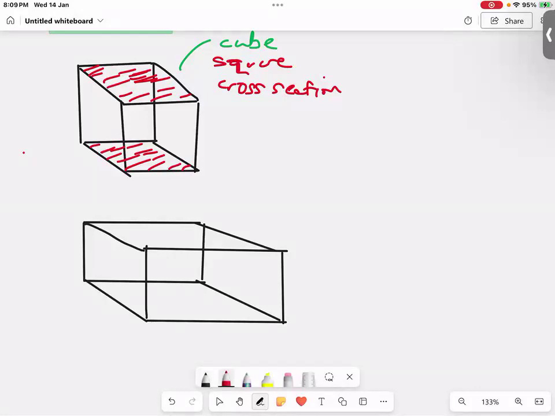All right. So then where's the cross section? Again, the cross section is at the top and the bottom of the prism. Now, depending on what paper you're doing, sometimes depending on the orientation of the diagram of the solid, some textbooks will tell you that the cross sections are at the side and the side.